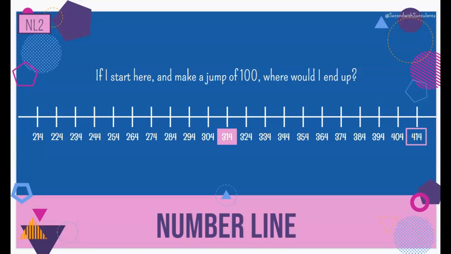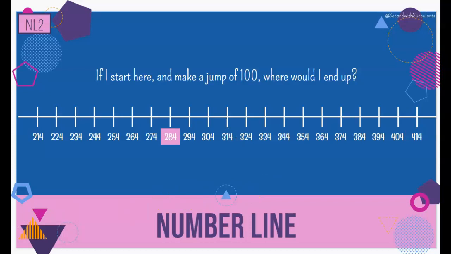How did you know that? Now you might have been thinking, well, I know that only the digit in the hundreds place will change if I jump 100. That's a good way to think about it. Let's look at one more.